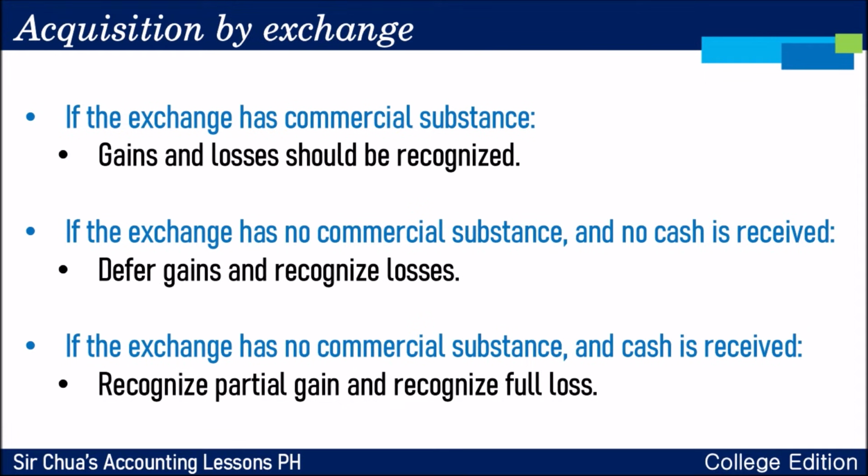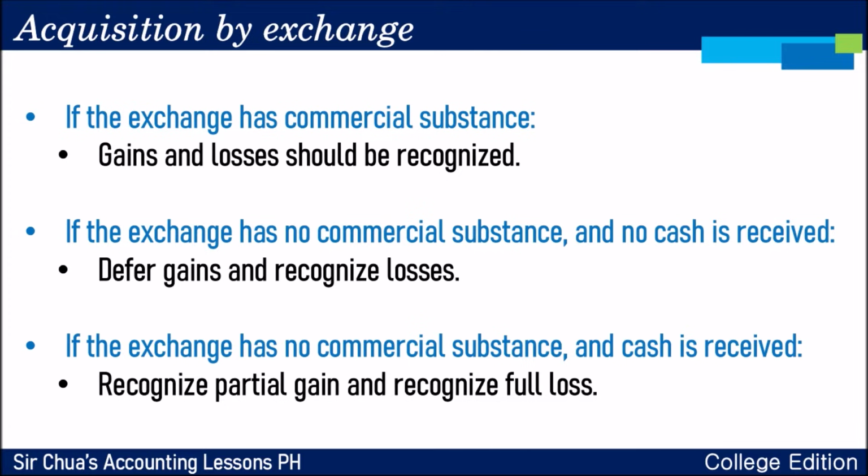If the exchange has commercial substance, then we should recognize any gains and losses directly in the exchange transaction. But if the exchange has no commercial substance pero may na-receive pa rin pong cash, okay? Actually, received on the part of the other party na exchanger. So, kung perspective natin, tayo yung makikipagpalit, pwede kasing tayo yung magbayad.